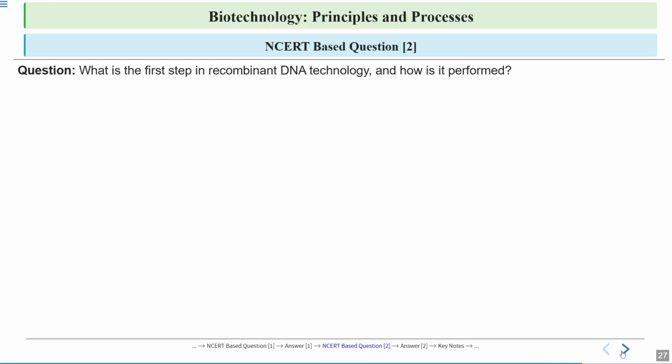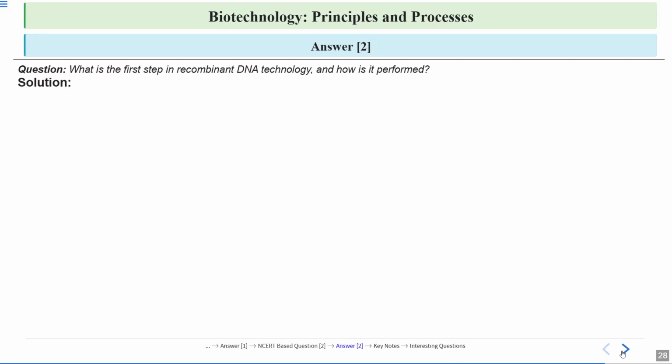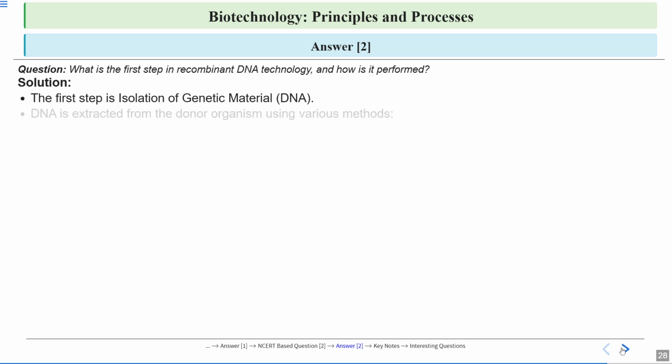The second question asks: what is the first step in recombinant DNA technology and how is it performed? The first step, as we already talked about, is the isolation of genetic material, that is DNA.